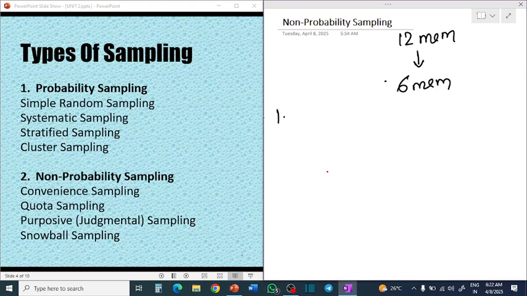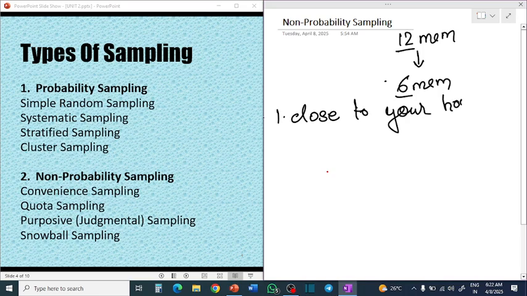Suppose out of these 12 members, 6 of the members are the ones who remain close to your house. So you will select these 6 members because they are close to your house and it will be easier for you to collect the sample. So that will be your convenience sampling.